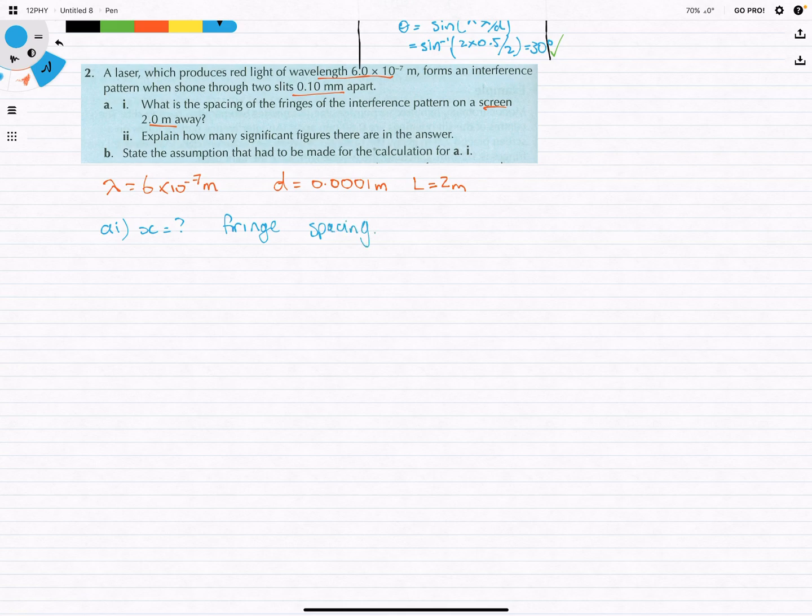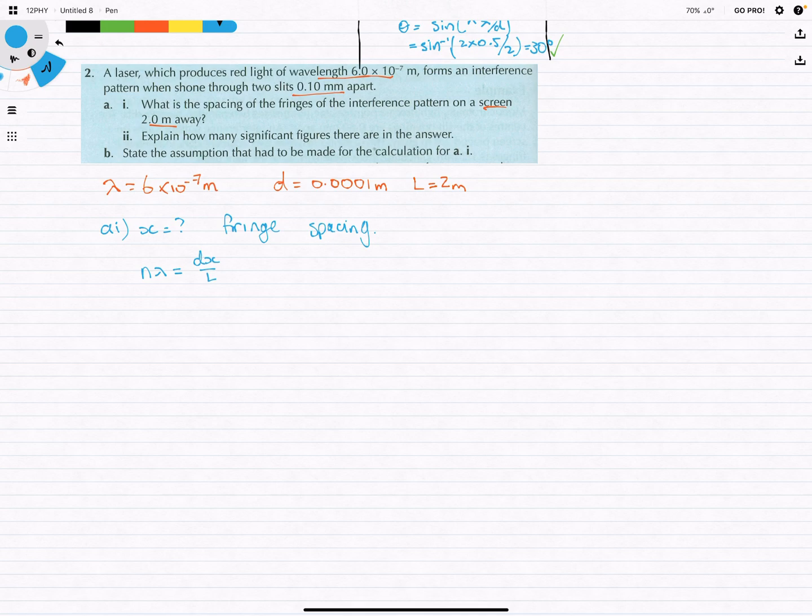What equation can we use to calculate this? n lambda equals dx over L. Let me just check that's right.